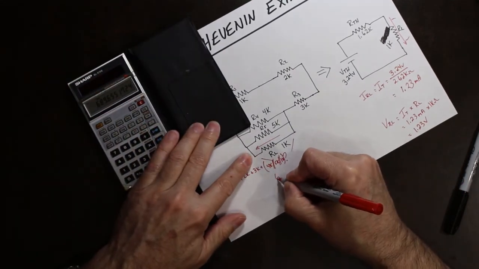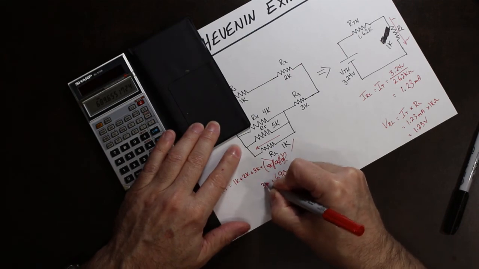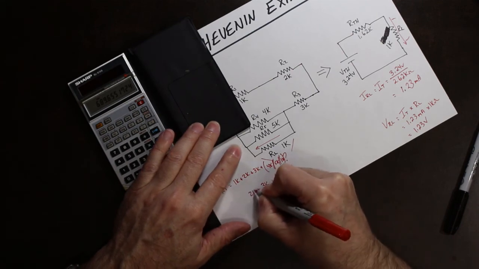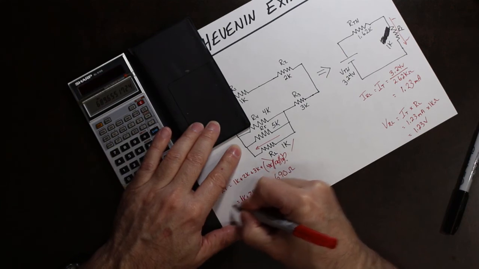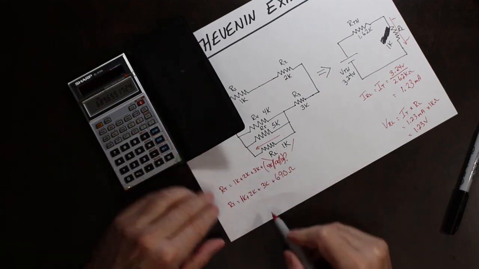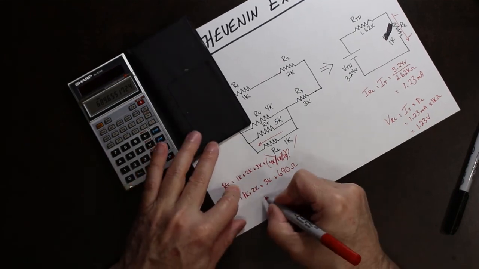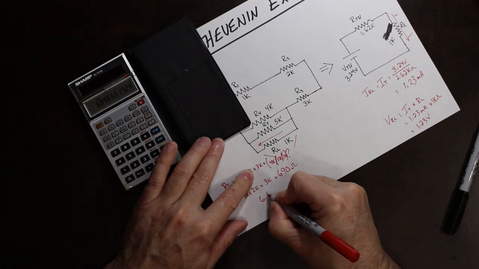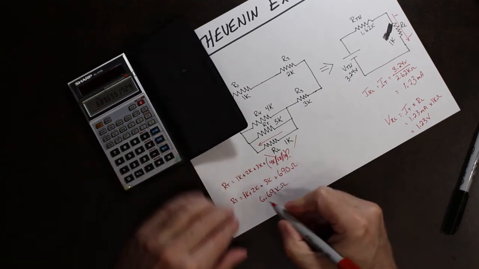So this thing works out to be 690 ohms plus 3K plus 2K plus 1K equals our total. So that's 6.69 kilohms is our total.